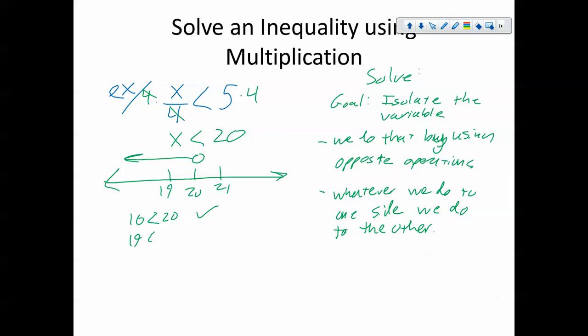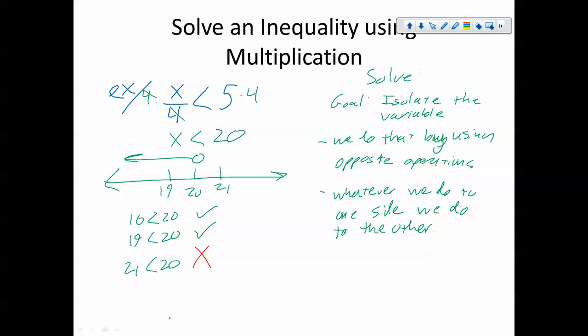If I plug in 19 for x, that's a true statement. But if I pick anything larger, like 21 is less than 20, that is a false statement. That is wrong. And so this graph is representing all of the values that are creating true statements.